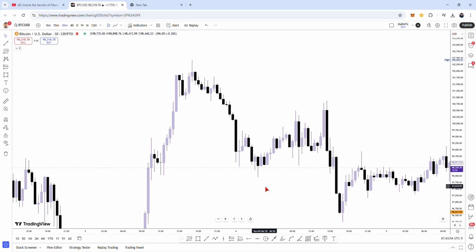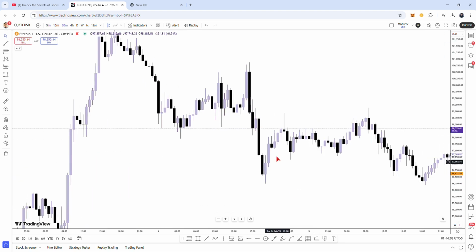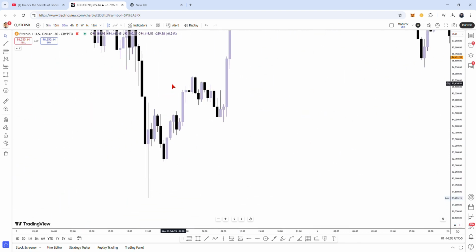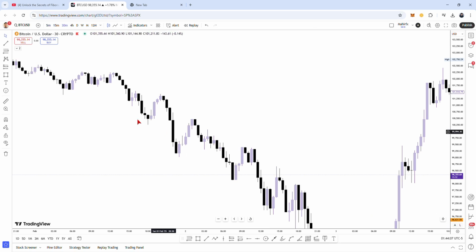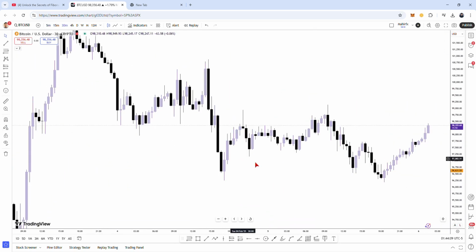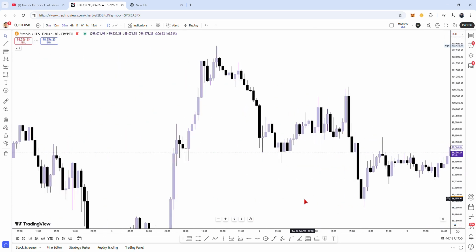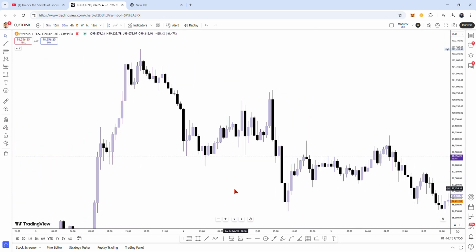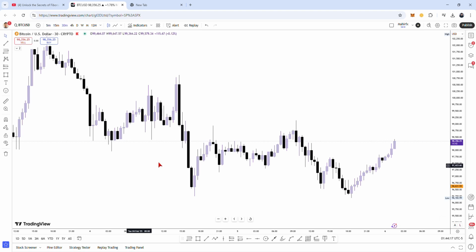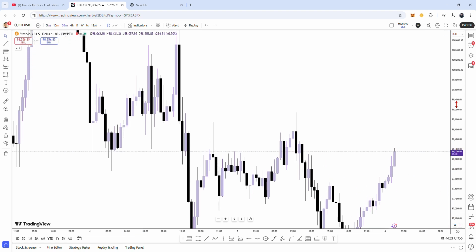We have to put our focus on the longer movement of the chart. So from here we can see this is a very aggressive movement, and also here we have an aggressive movement. After choosing any aggressive movement, we can say there is a swing high and a swing low.